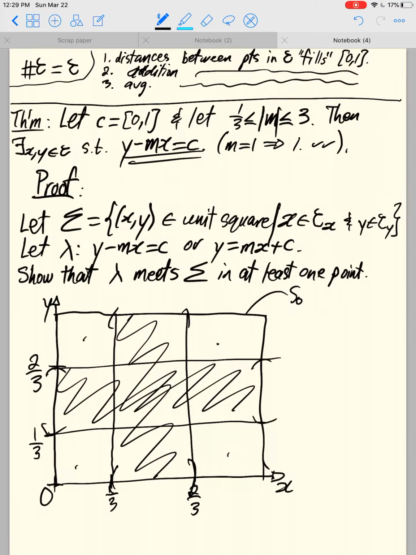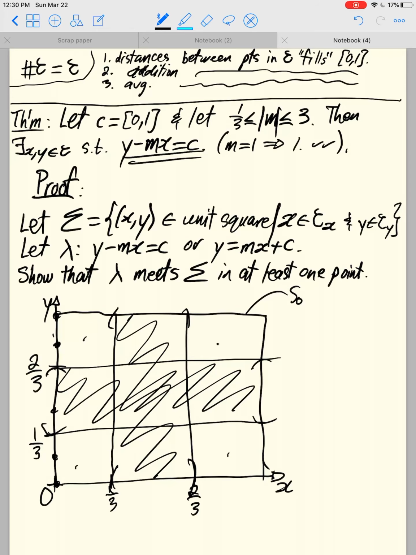So let's write out a couple of observations that we need to move forward. Observation 1: the line lambda, y equals mx plus c, meets the unit square since its y-intercept, which is c, is in 0, 1. Just to go back for a second, if c is any point in 0, 1, then obviously this line will meet S0, right?